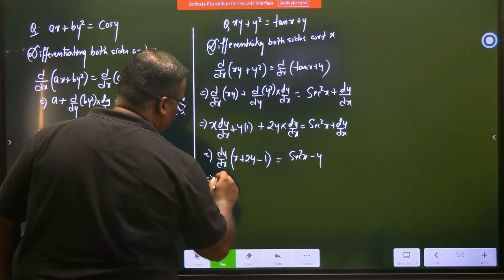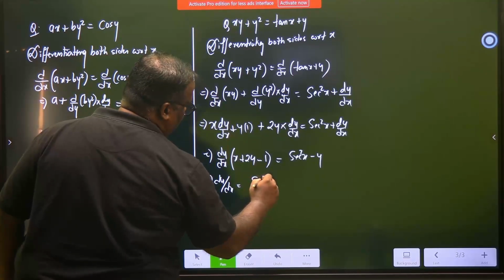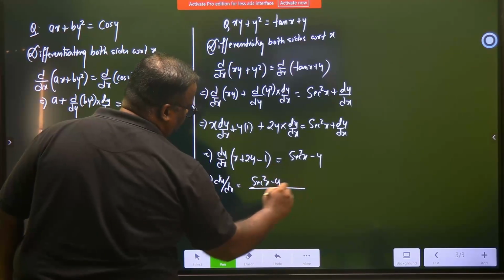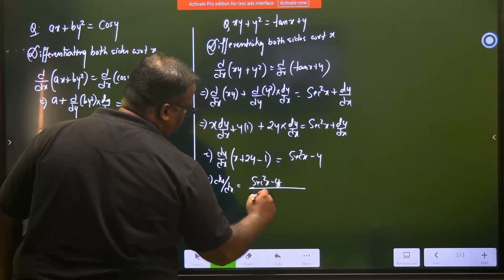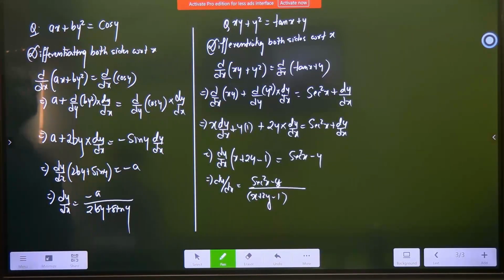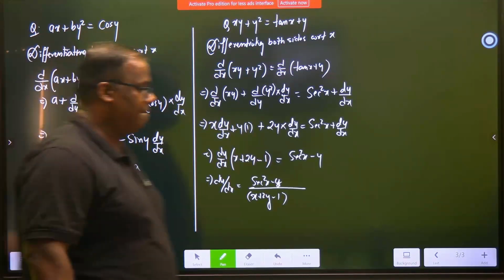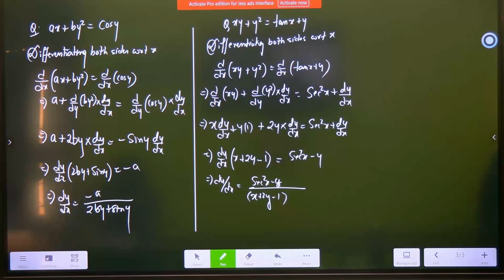So dy by dx will be equal to sec square x minus y divided by x plus 2y minus 1. Is this understood?